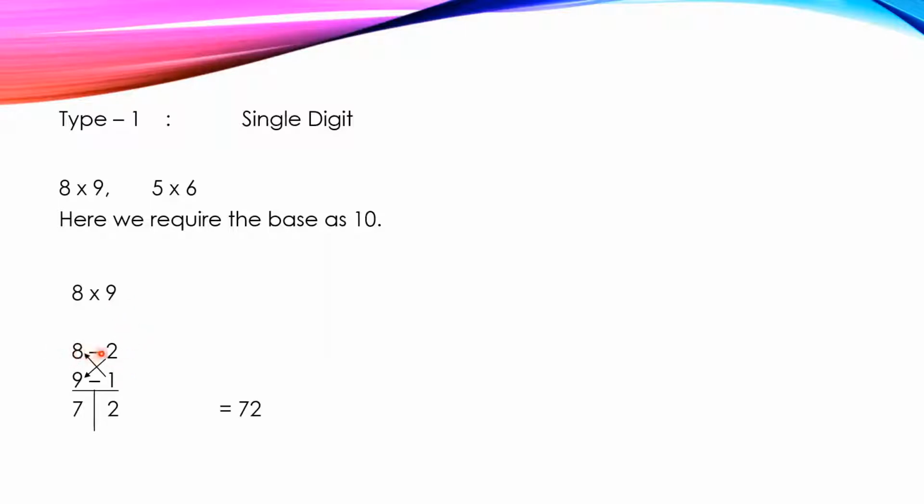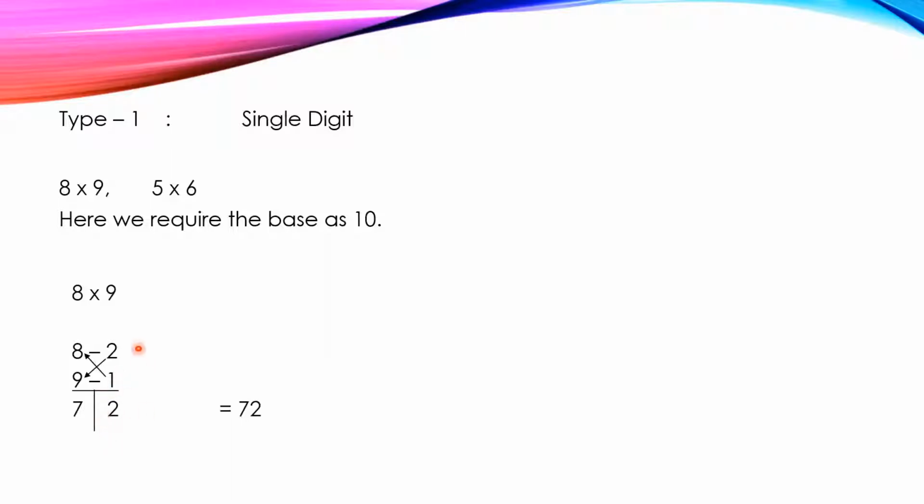Here we can see that 8 is 2 less than 10 and 9 is 1 less than 10. So here we will make a partition. Now we will find the product of 2 into 1, which is 2, and we will write it here.